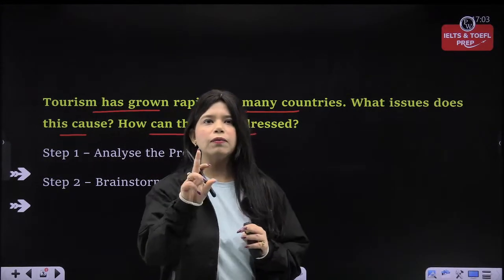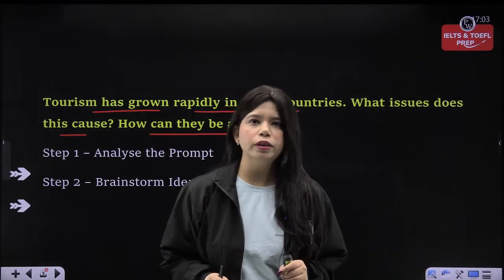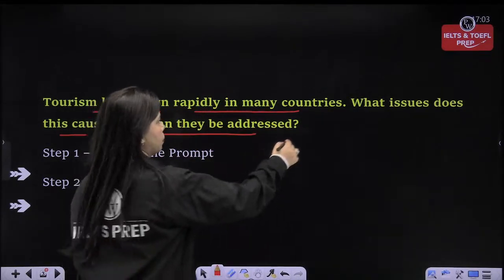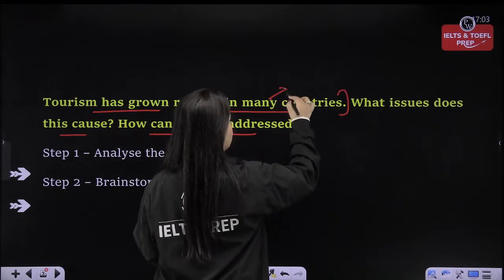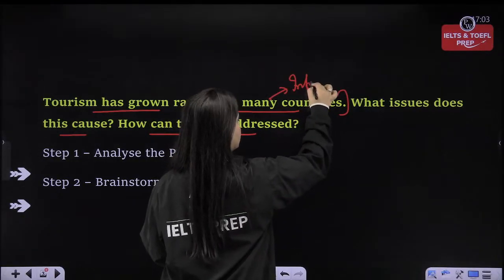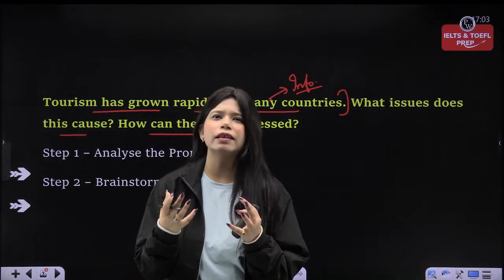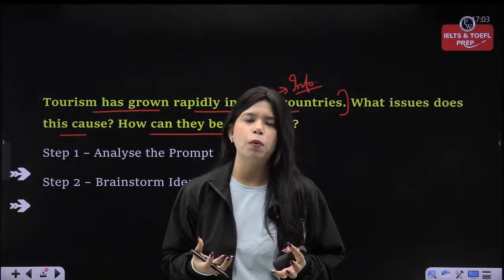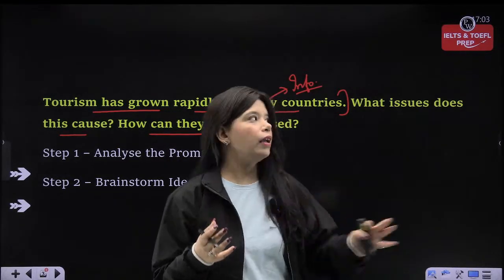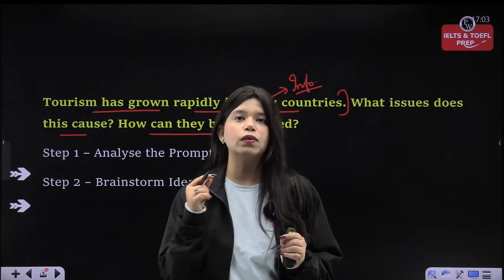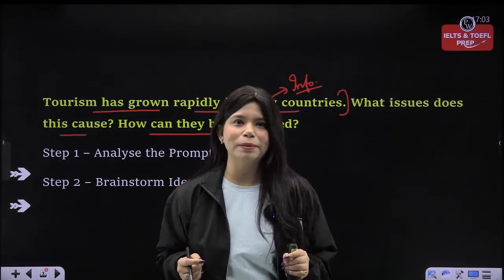Now, number one, in a problem solution essay, the very first thing that happens is, in the information statement, they give you a problem. Now, tourism has grown rapidly. It doesn't actually sound like a problem. It has its positives. But then in the question they are talking about the issues that are created because of the increment in the tourism industry.